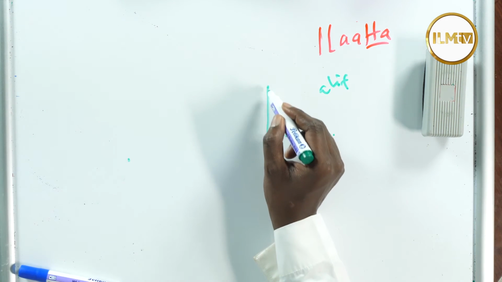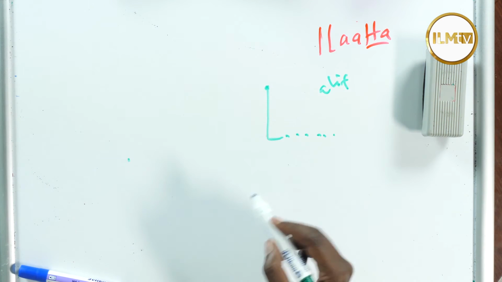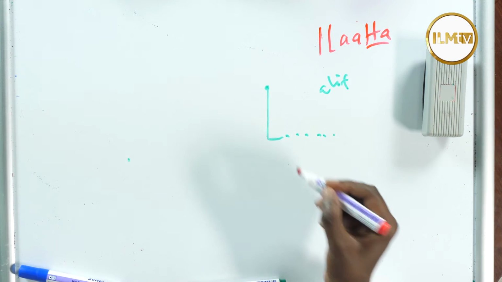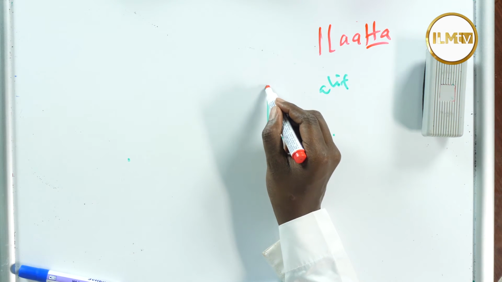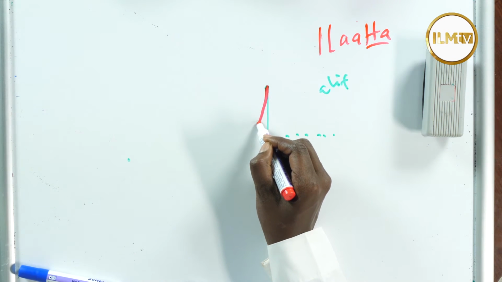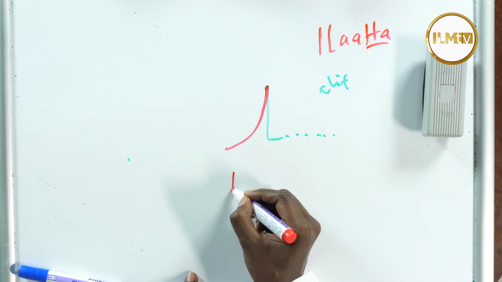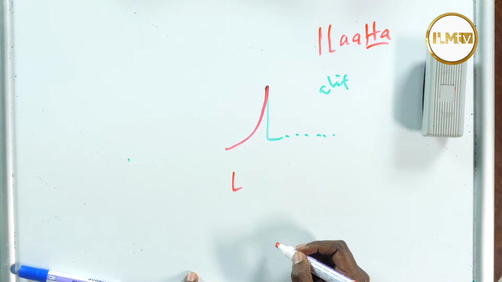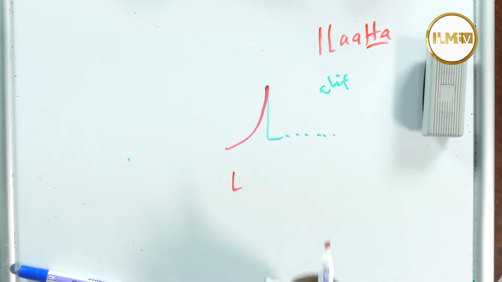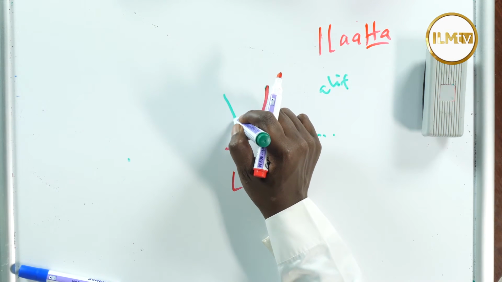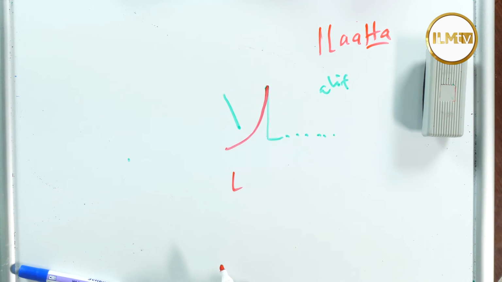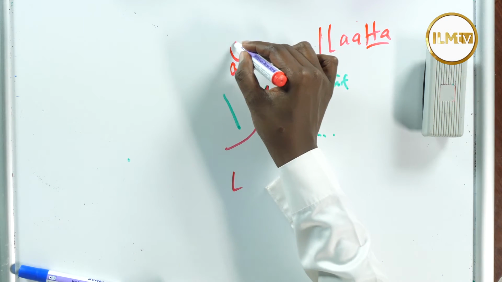But that's not what we want. After getting to the top, we have a curve this way. See? Now that's an L. And then after that, we put that diagonal. And that is an alif.